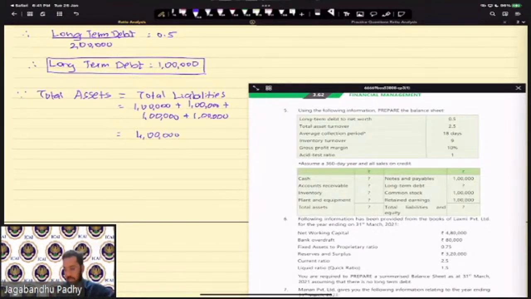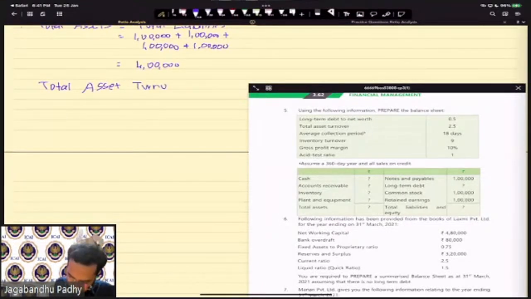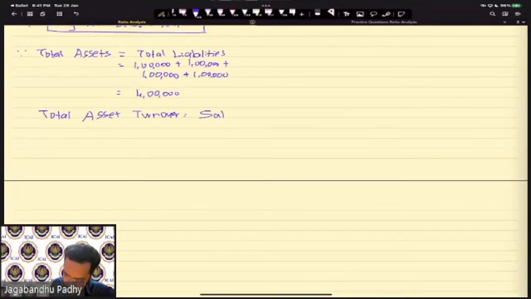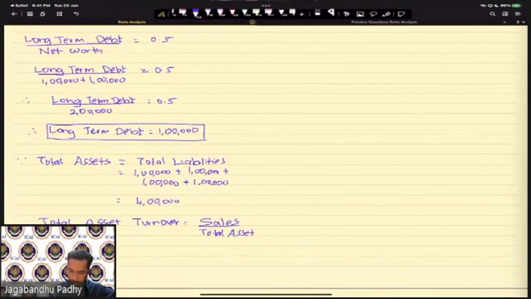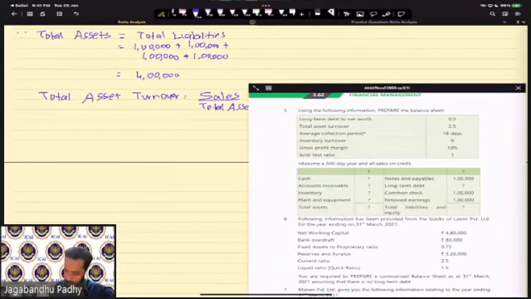And we have the total asset turnover ratio. Total asset turnover is basically sales divided by total assets. Total asset turnover is given to us to be 2.5 times.